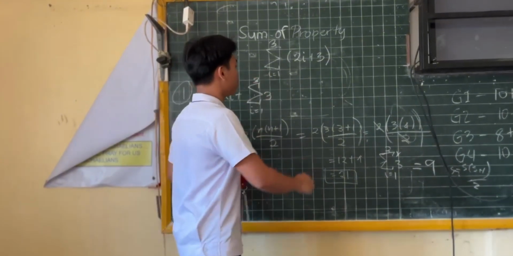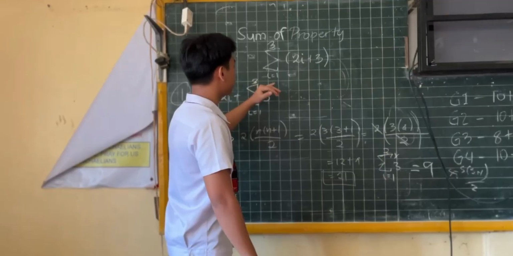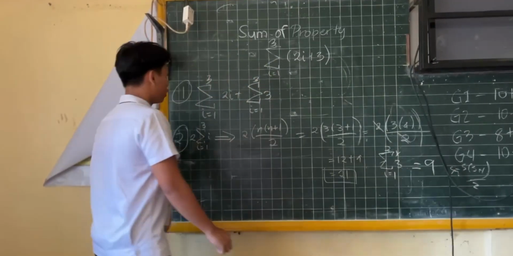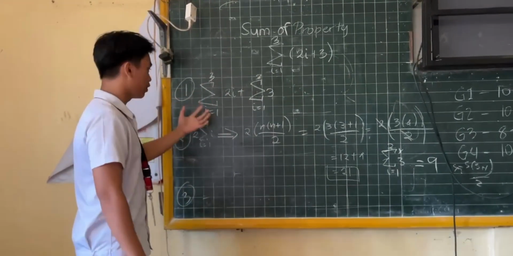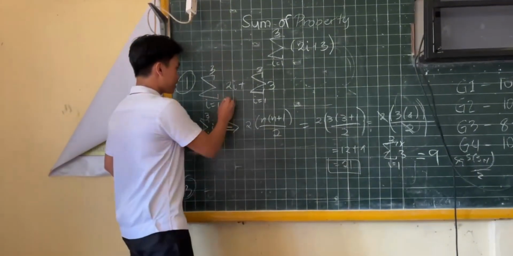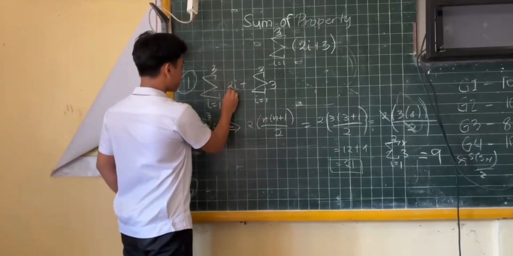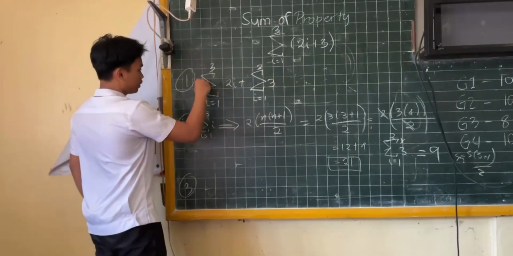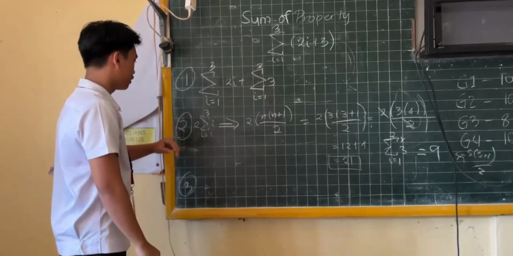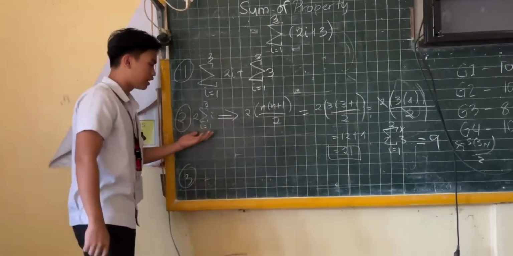So the summation of the quantity 2i plus 3, where i is equal to 1 to 2. First we need to separate. So here is the result. As we can see, there is a constant 2, so we need to move it to this side. Here's the result.